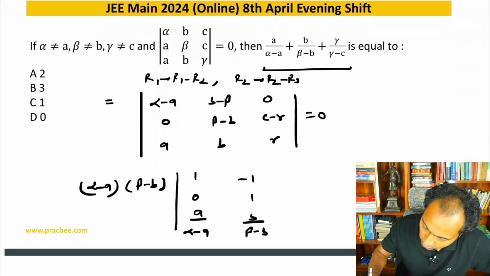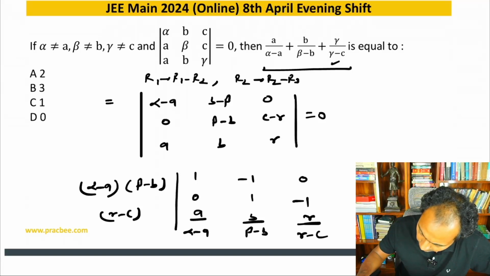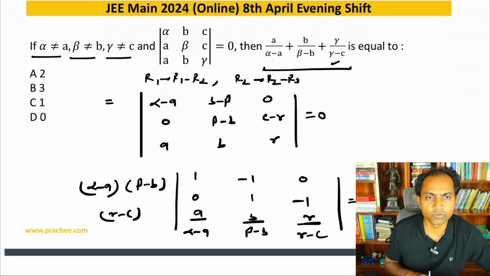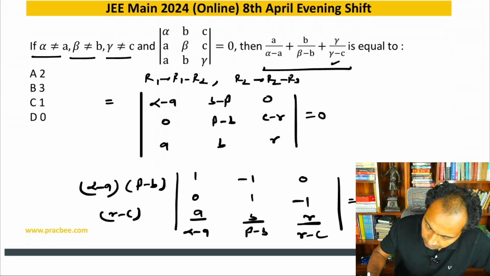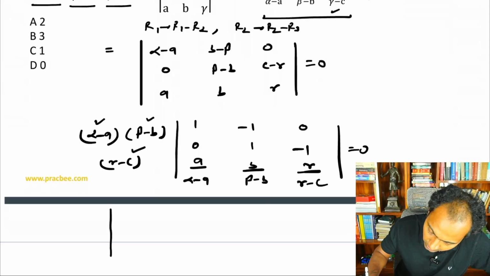And again we can also take gamma minus c common, because in the final expression it is gamma minus c. This becomes 0, minus 1, gamma upon gamma minus c, equal to 0.